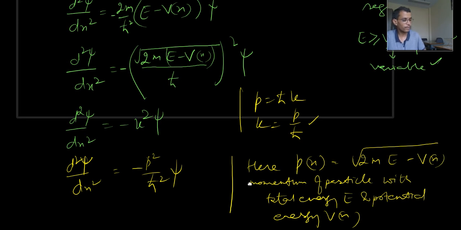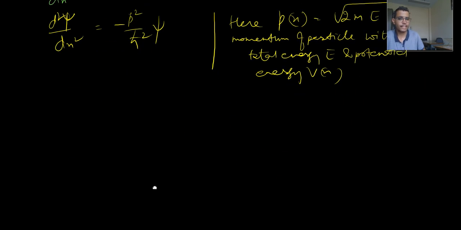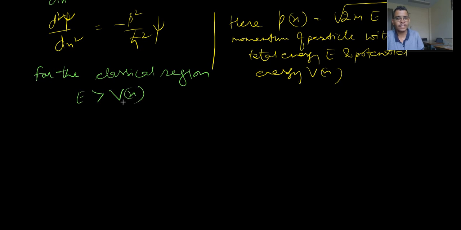Now for the classical region, as discussed in the earlier lecture, E is greater than V(x). So after solving, let me call this equation 1.